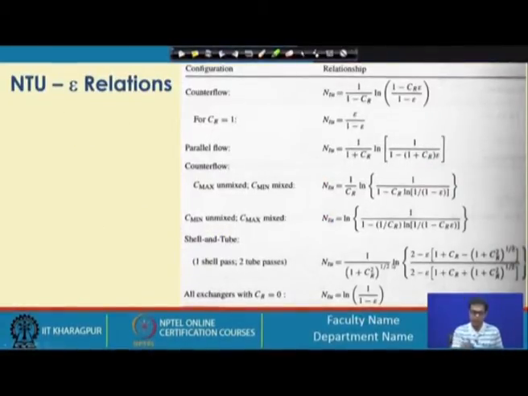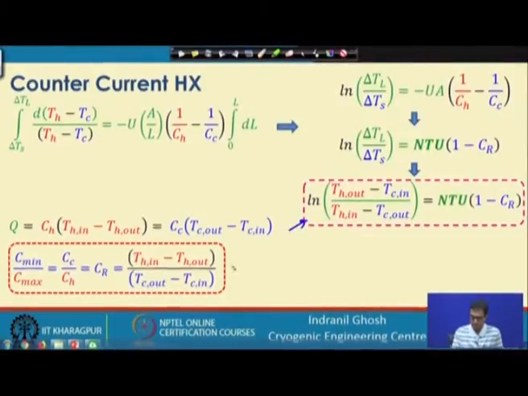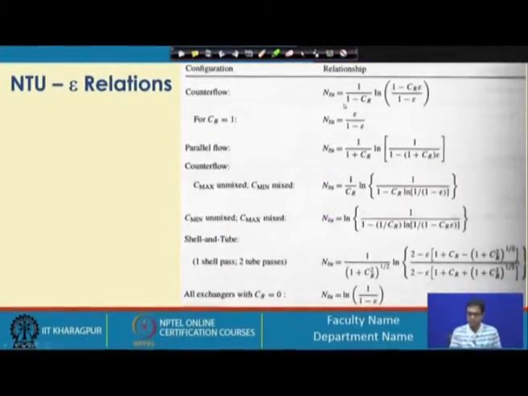We will have a relation like this. If we have to derive this equation, we just need to take help of these three expressions that we have discussed on the earlier page. With the help of this equation and the definition of epsilon, with a little bit of arithmetic, we can get this equation.